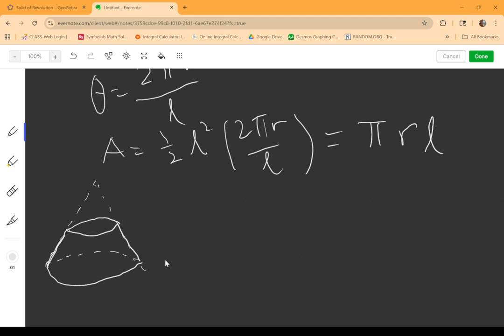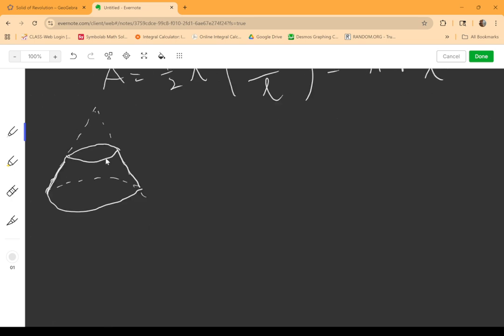So the way I can think of the surface area is I can think of two cones. The smaller one, I'll call this R1, and I'll call this part L1, from here to here.